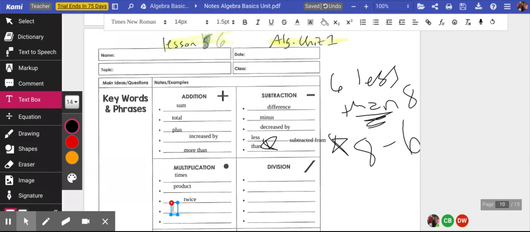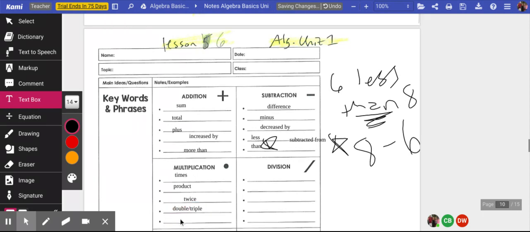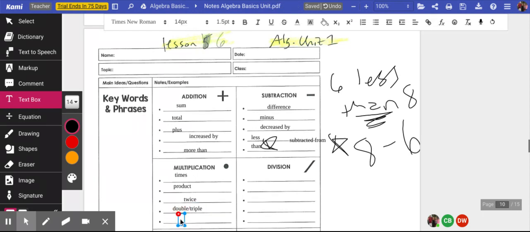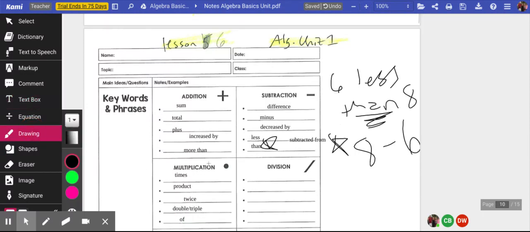We have double or triple, so that means to multiply by 2 or 3. And the word of also means multiply. So, for example, if we write, I have 2/3 of 8, that really means to multiply.